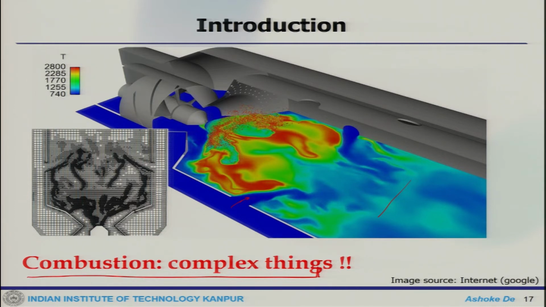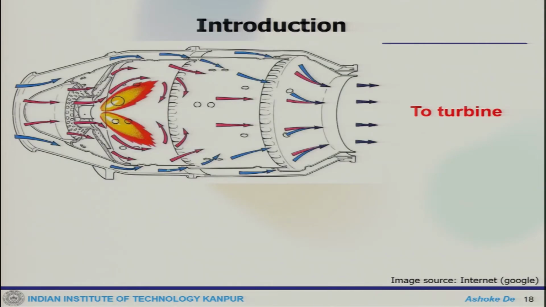Now, what are the problems then? You can see this kind of combustor unit, where the primary air comes in, then you inject the fuel and the combustion takes place. Around the periphery you have secondary and tertiary holes. There are different impacts of these holes through which the cooling air is injected, and finally the hot combustion product goes to the turbine.